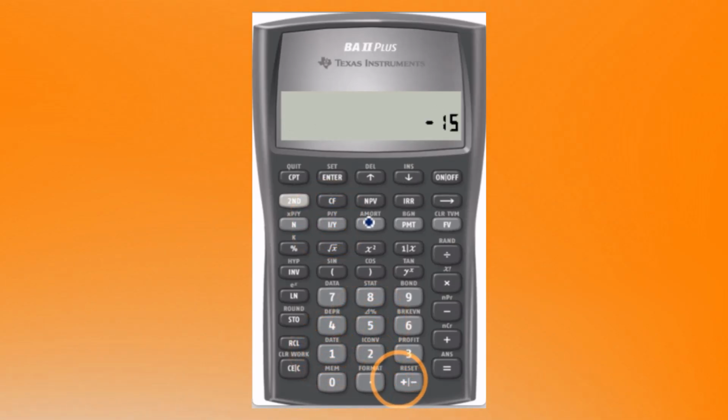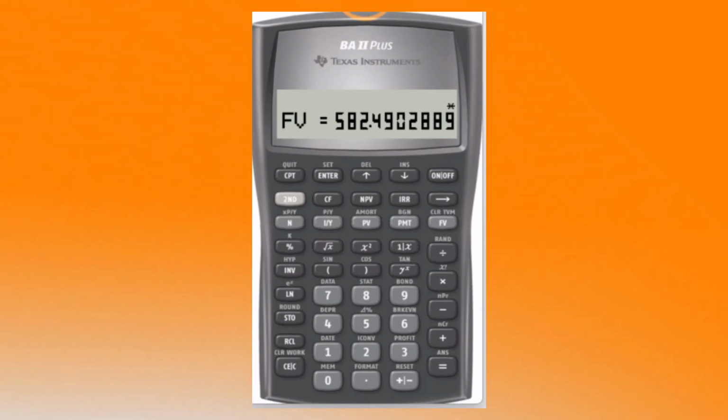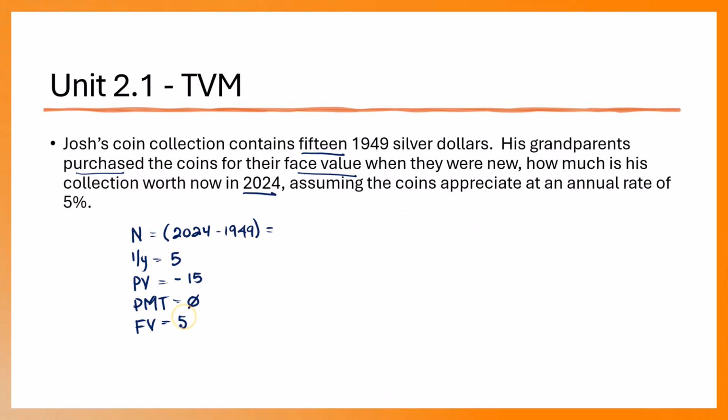Negative $15 is my present value. 0 is my payment. Compute future value. The coin collection today would be worth approximately $582.49. Not too bad.